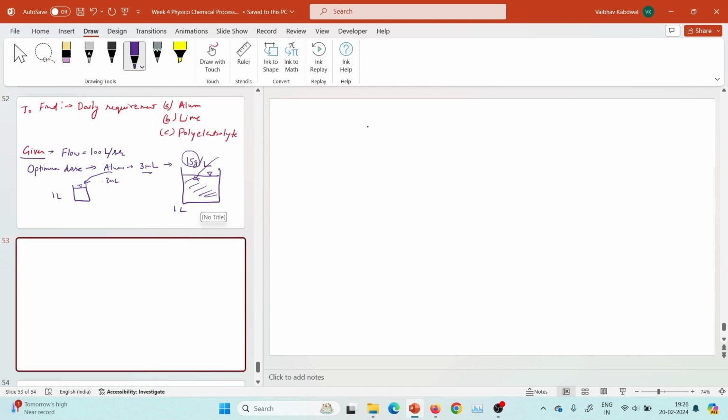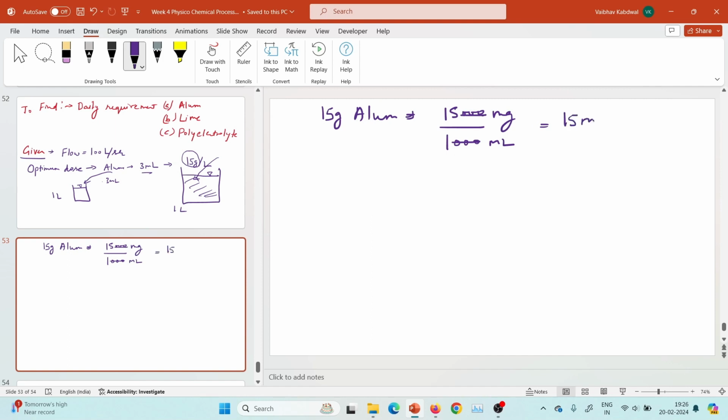So what is being done here? We are taking 15 grams of alum, which means 15,000 milligram in 1 liter, and 1 liter means 1000 ml, so it will be 15 milligram per ml.